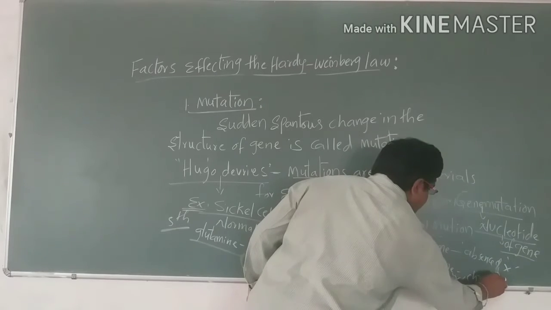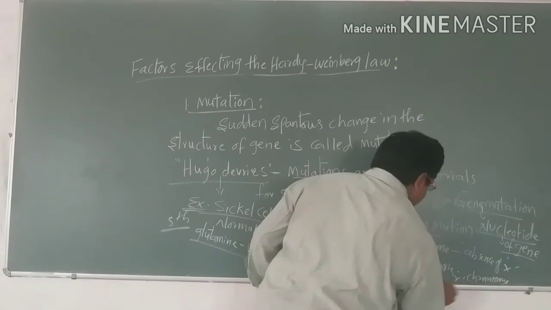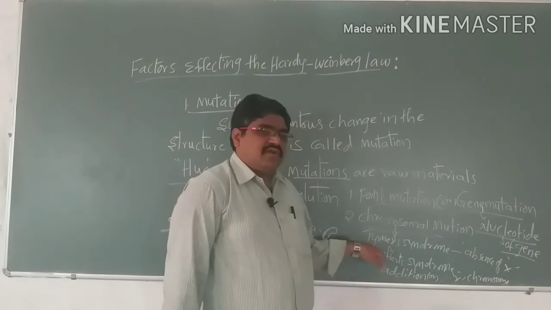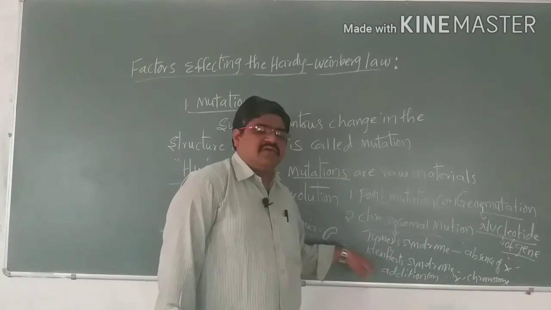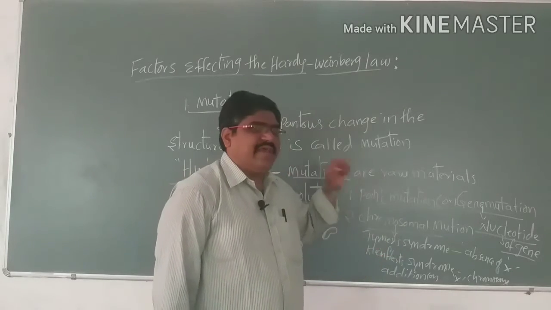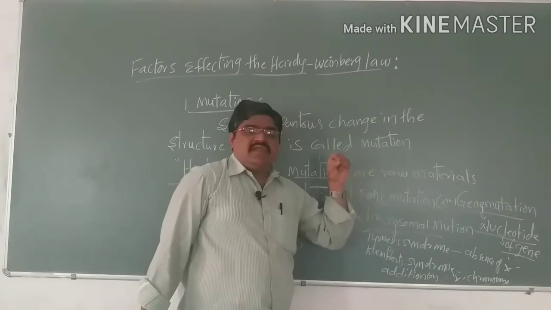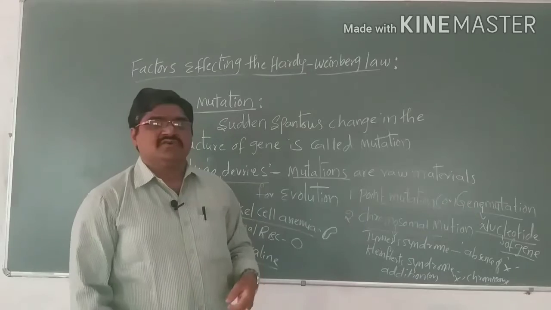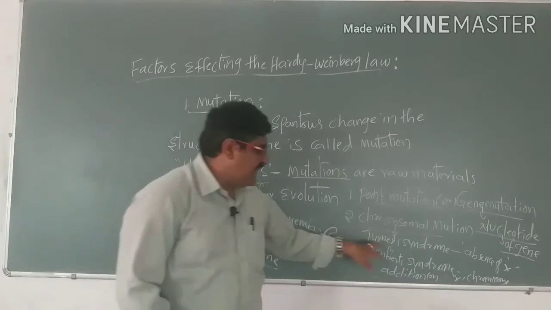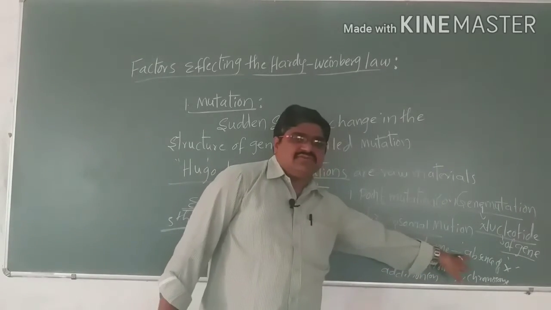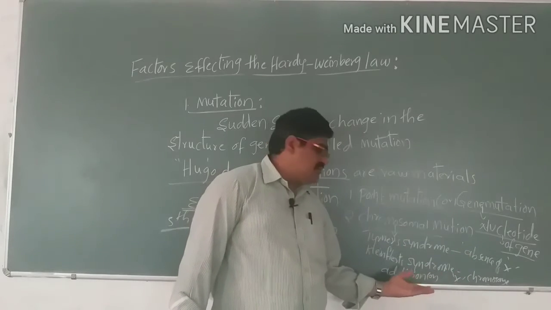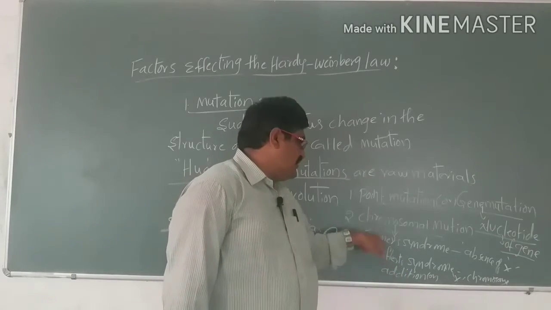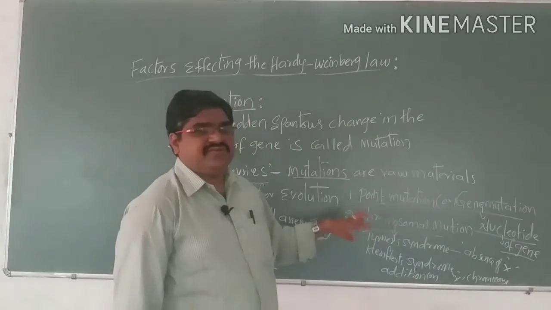One extra chromosome is added, which we call Klinefelter syndrome, where 47 chromosomes are present instead of 46. In Turner syndrome one X chromosome is deleted, so 45 chromosomes are present instead of 46. These are examples of chromosomal mutations.